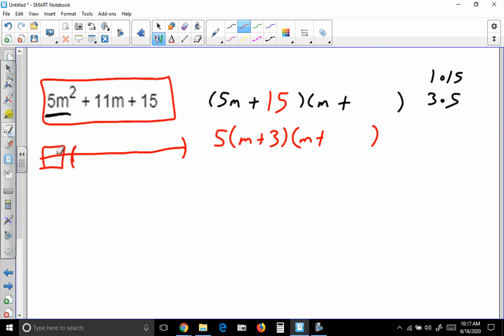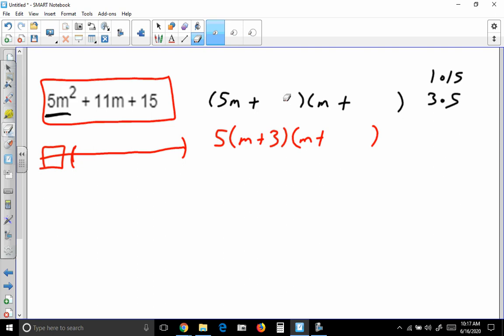We don't have a common factor to our whole problem. So when we're testing combinations, when we're picking factors that go here and here, we can't put something in here that has a common factor with what's already in there, since our problem doesn't have common factors.